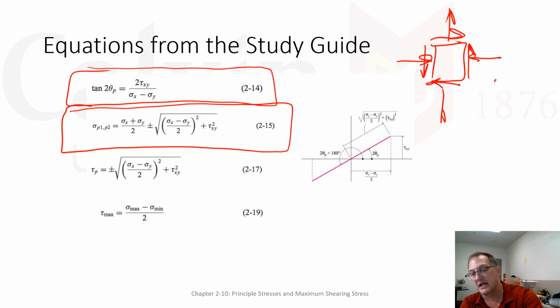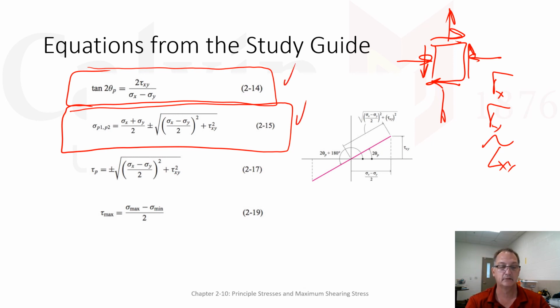We can just take, if we know sigma x, sigma y, and tau xy, first we can calculate this. Second, we can calculate that, our principal stresses. That is the worst case scenario, the worst tensile stress, the worst compressive stress. We can also calculate our worst shear stress.